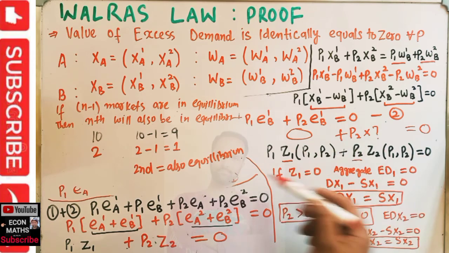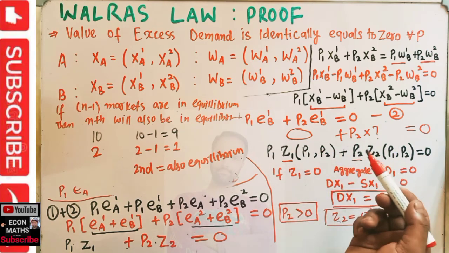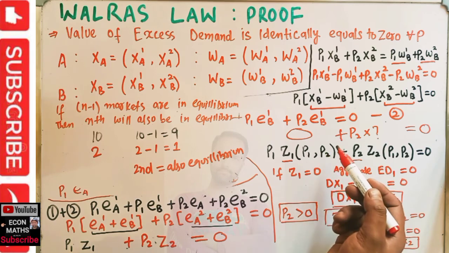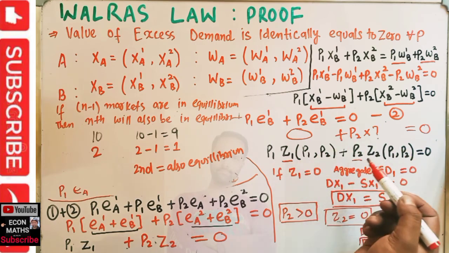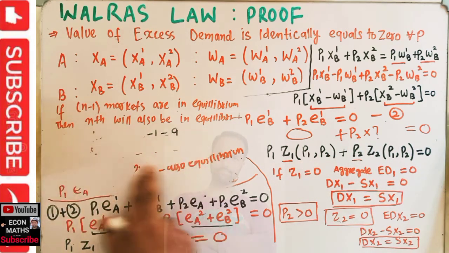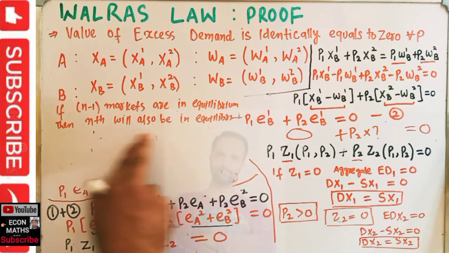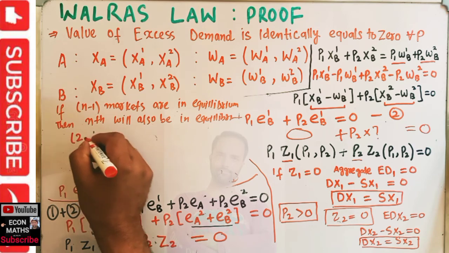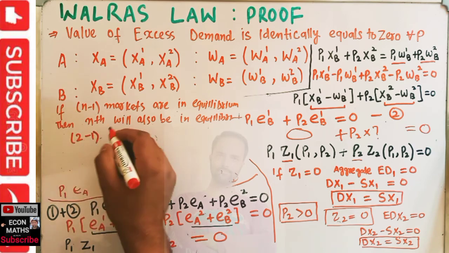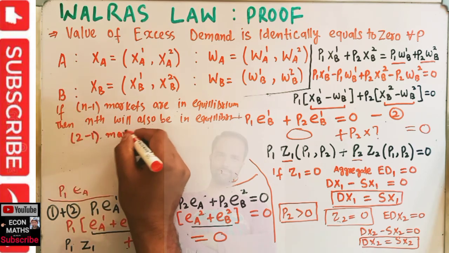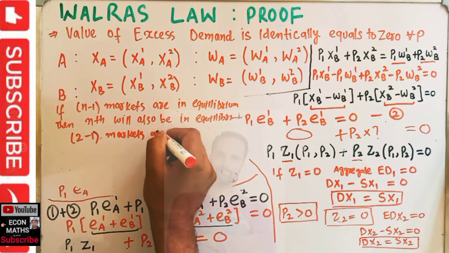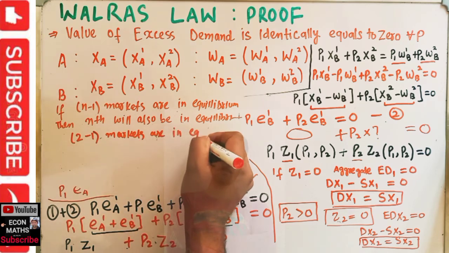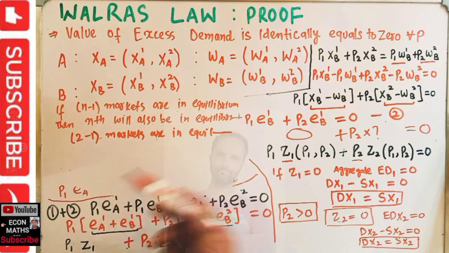We had only two markets here. So if 2 minus 1 markets are in equilibrium, 2 minus 1 is 1.